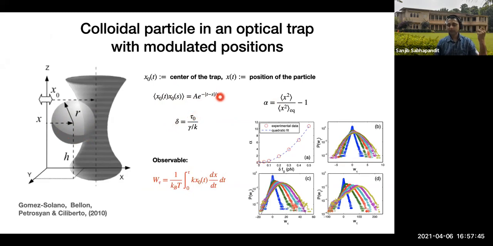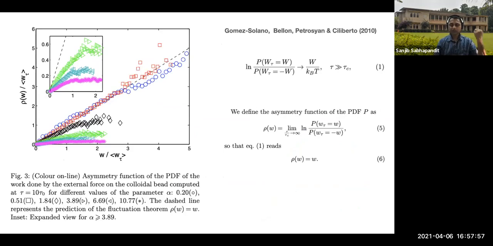One is the time scale of the trap modulation, and the other is the time scale of the trap strength. Given a harmonic trap, this particle relaxes, and that's the relaxation time. There also they have found that the fluctuation theorem is satisfied in some region, and in some parameter region it's not satisfied.